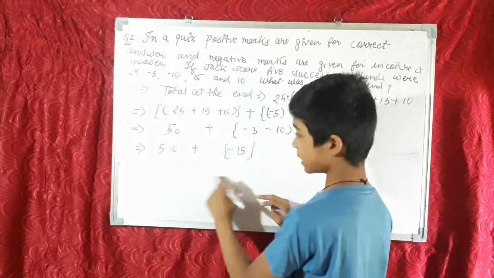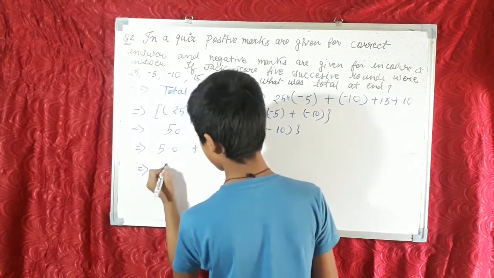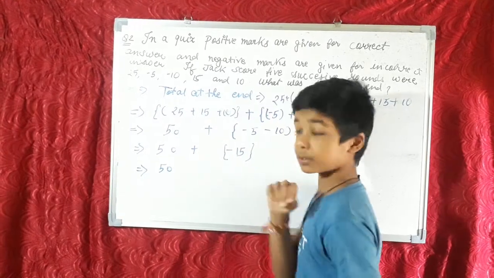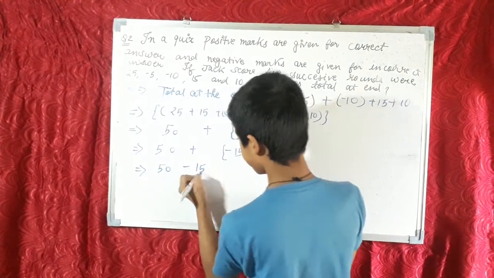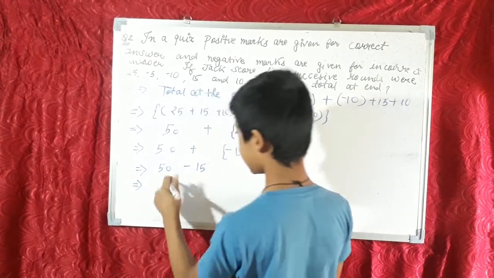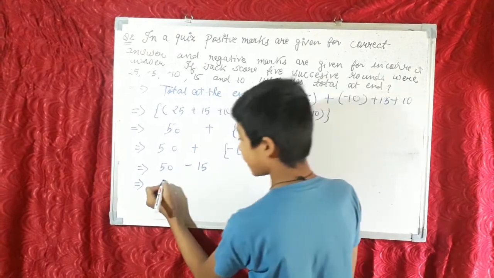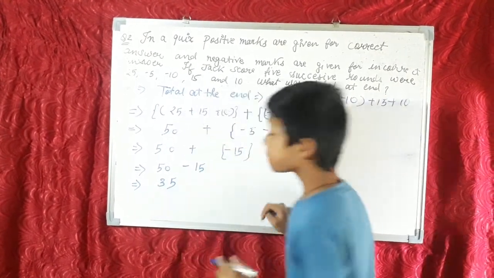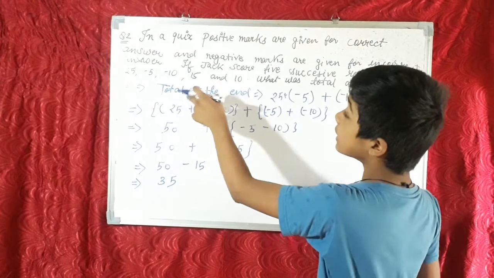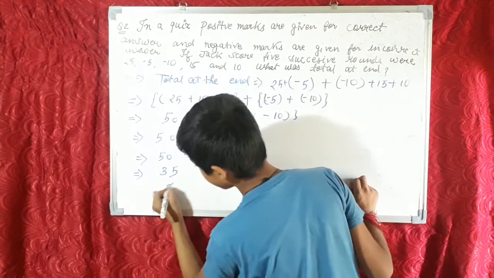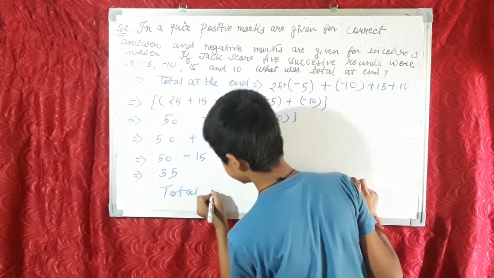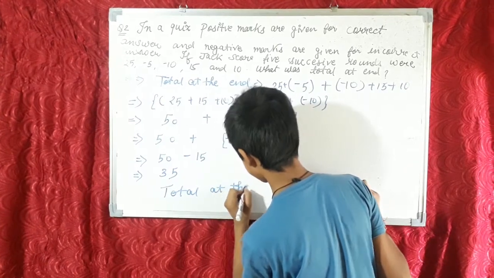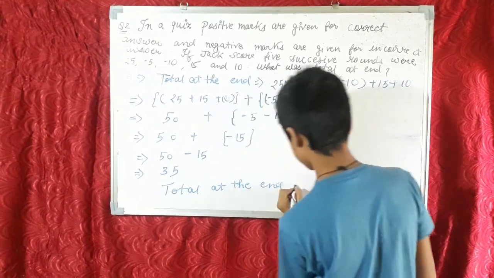If we open this bracket also, what will our answer be? 50 plus minus becomes minus, then 15. If we put the equals to sign, 50 minus 15 becomes 35. So what will we write here? Total at the end is equal to 35.